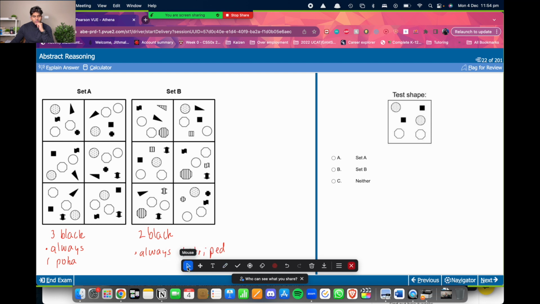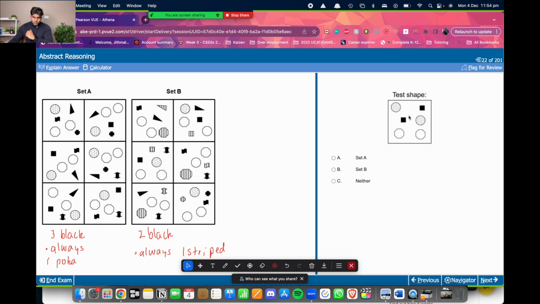Okay. Let's see if that's enough information to answer my question. I wonder if there's any third one, actually. There's two whites on both sides. I don't think that's significant enough for me to write down. Okay. Could be one, could be two.